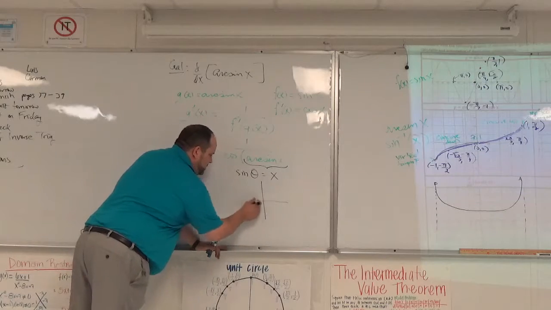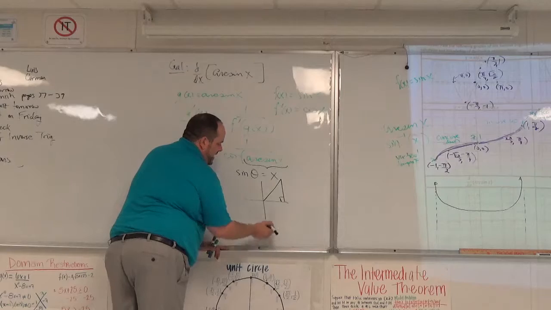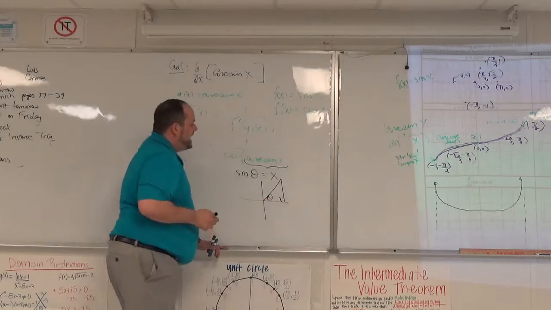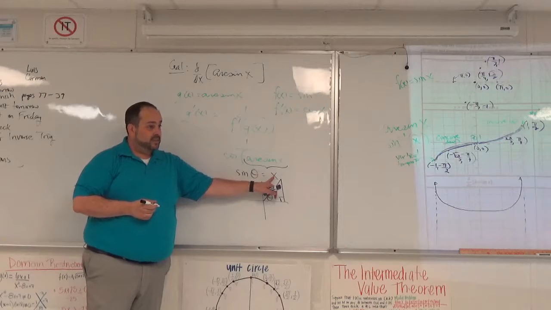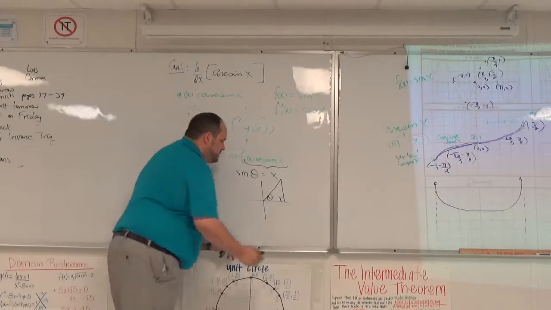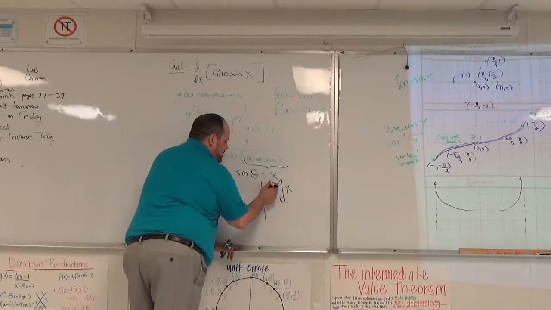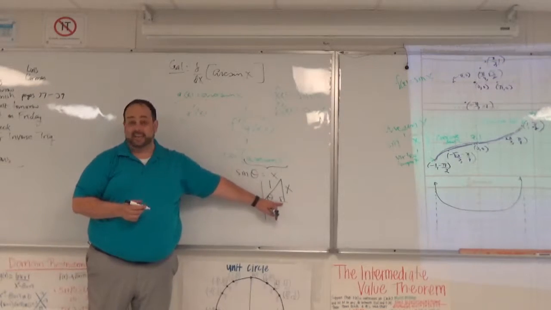Well, what's that triangle going to look like? That right triangle has a right angle there. If the sine of theta is x, then the way I'm going to set up my triangle, sine is opposite over hypotenuse. I need this side length.